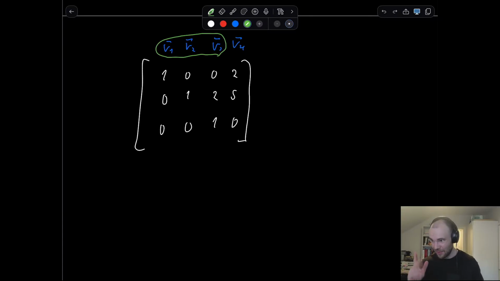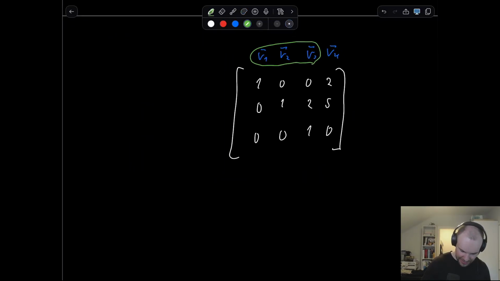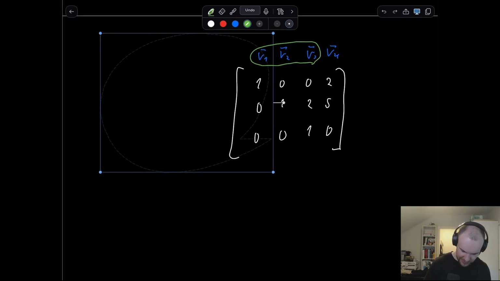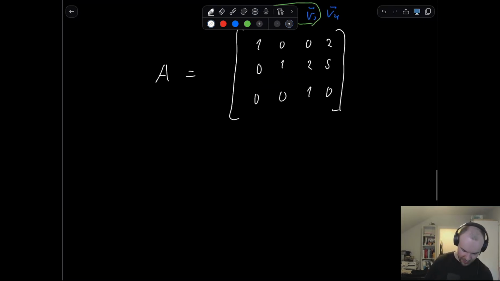So, I'm not going to do the row echelon form. Let's say this is A, and we have another matrix B that can be row reduced to A, but B is more complicated.